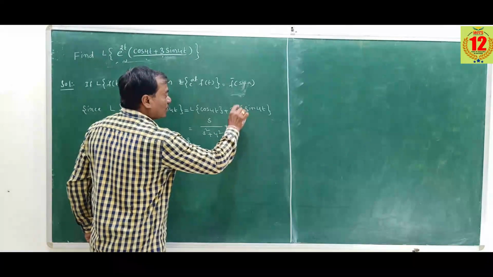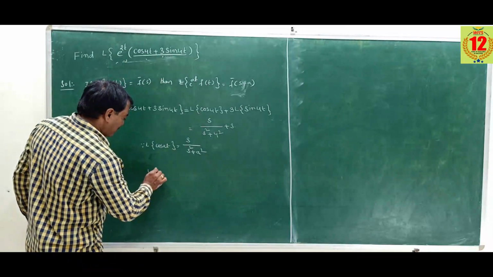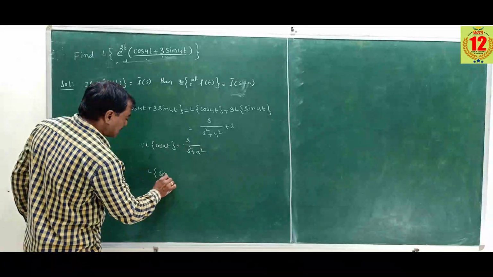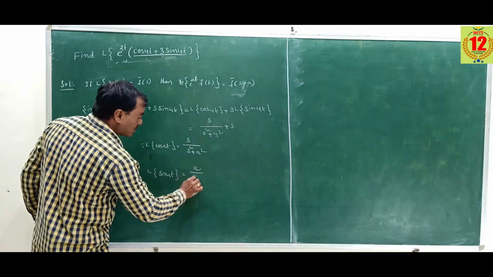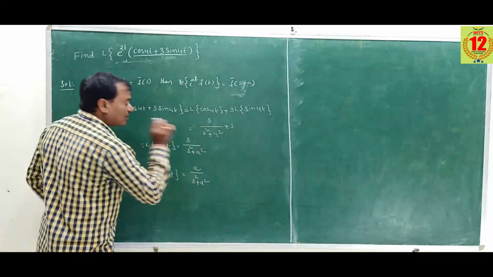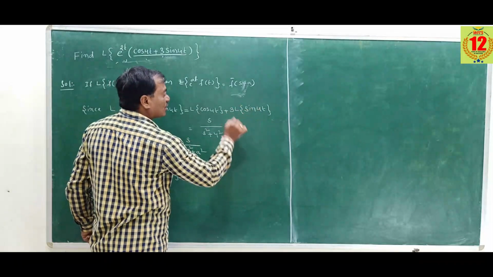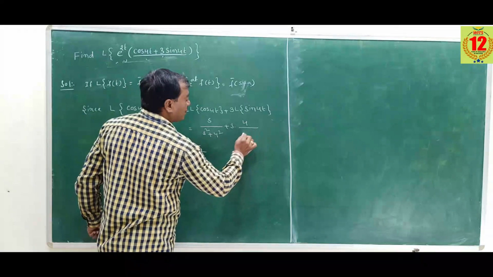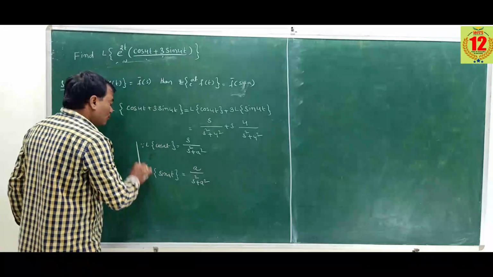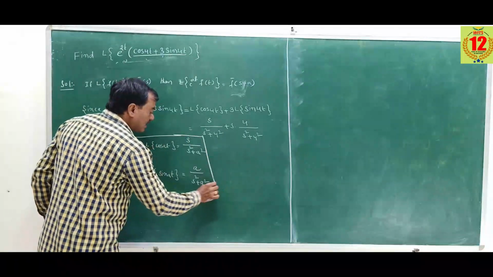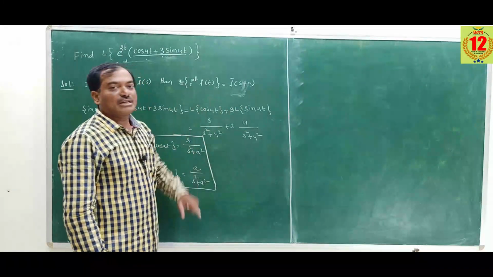And the Laplace transform of sin at equals a by s square plus a square, so the Laplace transform of sin 4t equals 4 by s square plus 4 square. Here we use these two formulas.